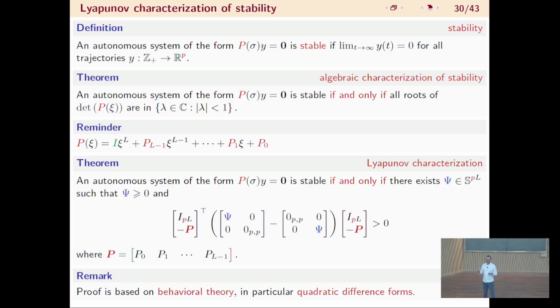Stability, all these properties can be checked by looking at the higher order representation without writing it into a first order representation like state space. And in particular, if I have such a P, then this is the LMI generalization of something like P minus A transpose P A from the state space theory.